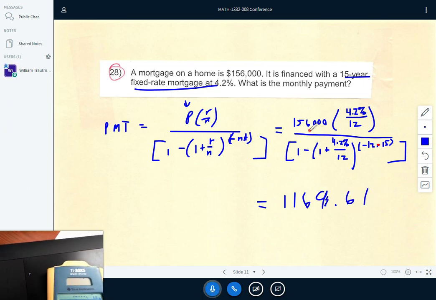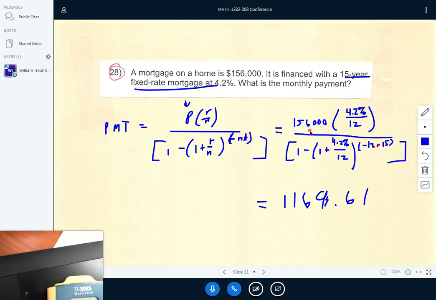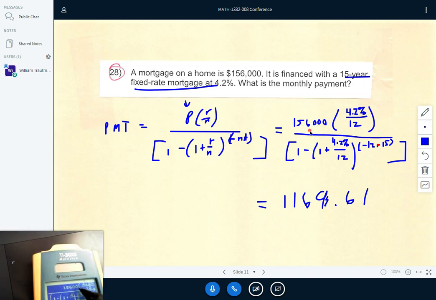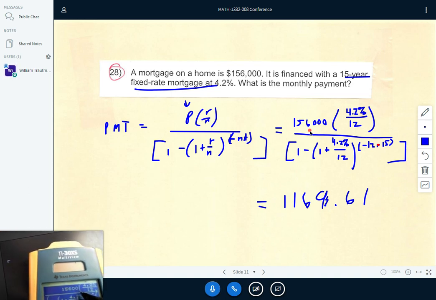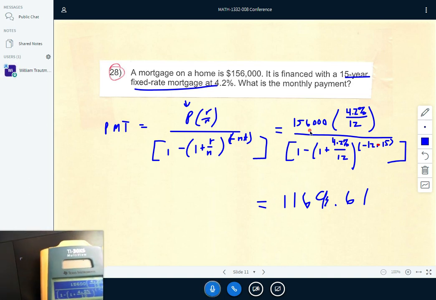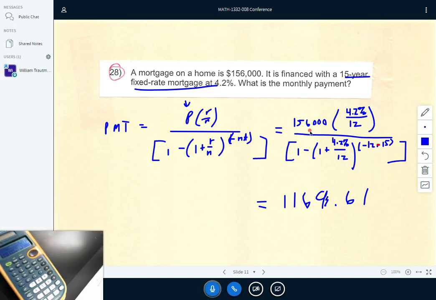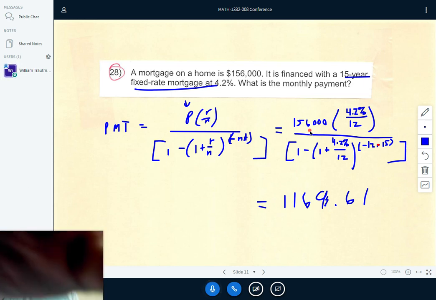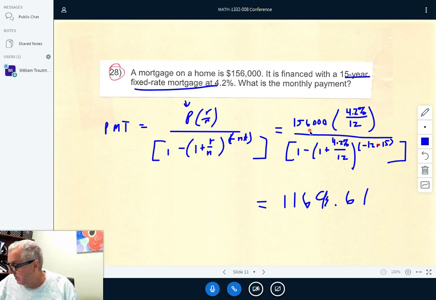Because if you go back to my problem, I didn't type in 156000. I missed a zero. So my answer came out one decimal place wrong, but I did have the right numbers. There you go. All right, let's keep going.